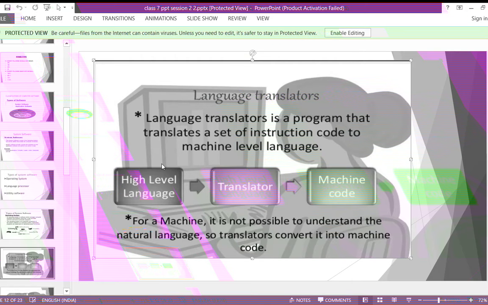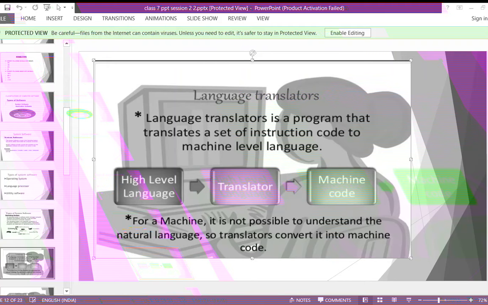So no need to convert the low level language to machine level language once again, because it is understandable by the machine. But this high level language is in the form of coding language, which a machine doesn't understand. So we need to convert this high level language to machine level language. For that we are using the translator called an interpreter. Understood now?